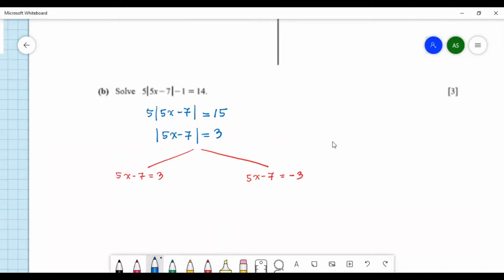So then we solve for x here, so that will give us 5x equals 10, and so therefore x equals 2. And the other one is 5x is equal to, transfer minus 7 to the right, that will give us positive 4. And then the value of x is 4 over 5. So these are the solutions to your equation.